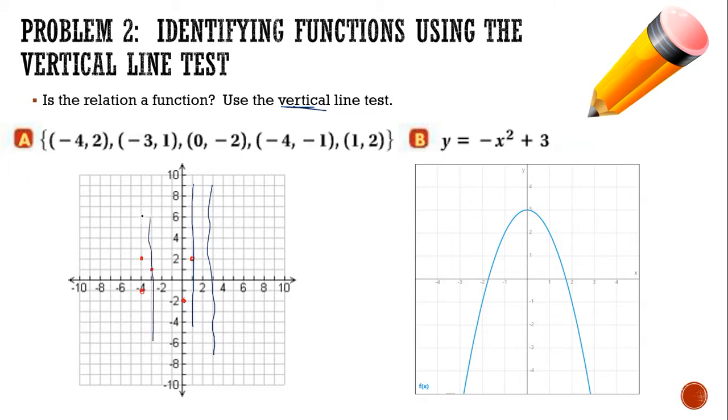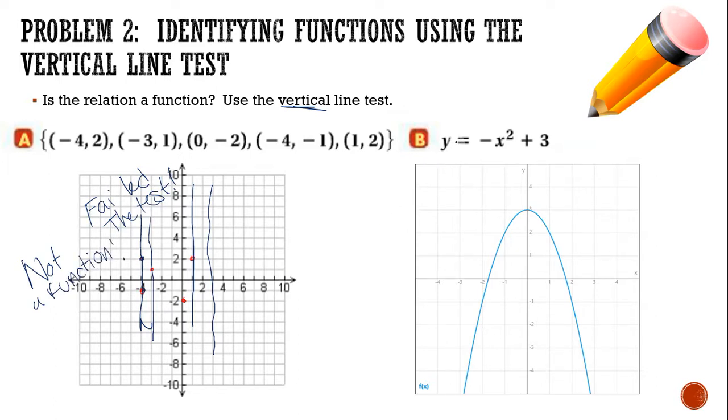Nope, that's only 1 point. But if I draw a line right here, do you notice how I hit this point right here? And I hit that point? I can't have that. That says it failed the vertical line test. He got an F. So that means if he gets an F, that means he's not a function.